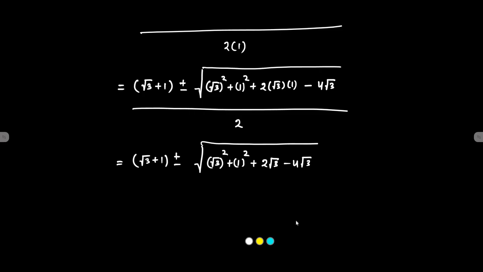So I am replacing it here: 2 root 3 minus 4 root 3 is equal to minus 2 root 3. So this becomes the expression of root 3 minus 1 whole square: root 3 square plus 1 square minus 2 root 3.